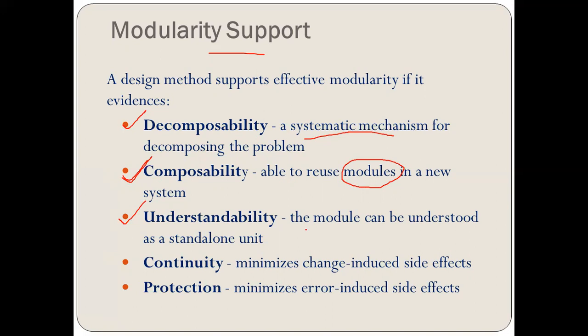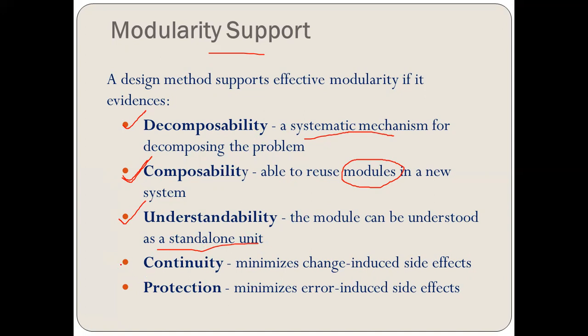Understandability means the module can be understood as a standalone unit. These modules should be the type of product which can work independently. If they can work independently, only then can they be reused with minor changes in new systems, and be understood easily.